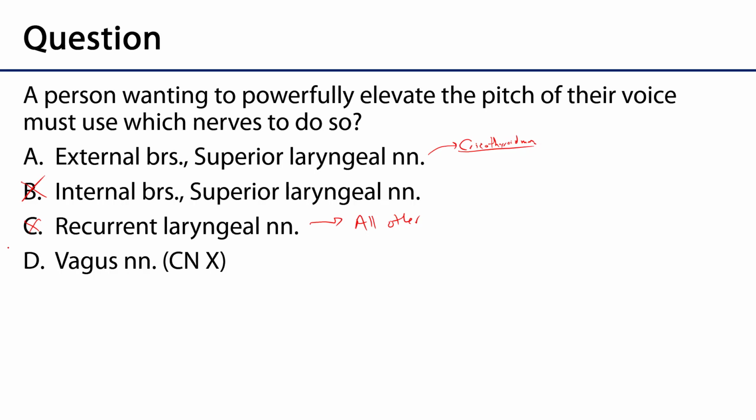Well, aren't all of these branches of vagus nerves? To be quite honest with you, I find vagus to be too general an answer for this. So when addressing multiple choice questions like this, you should always go with the answer which is the most specific while not being technically incorrect. And therefore, the correct answer would be A. Thank you very much for your time.